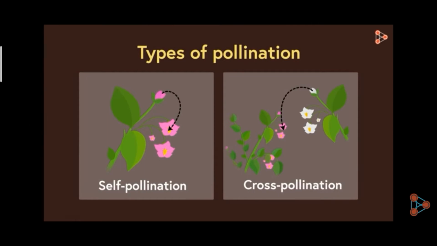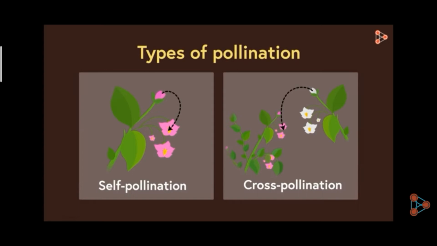In self-pollination, the pollination is happening in the same flower or different flowers of the same plant. But in cross-pollination, pollination is happening between two plants of different flowers.